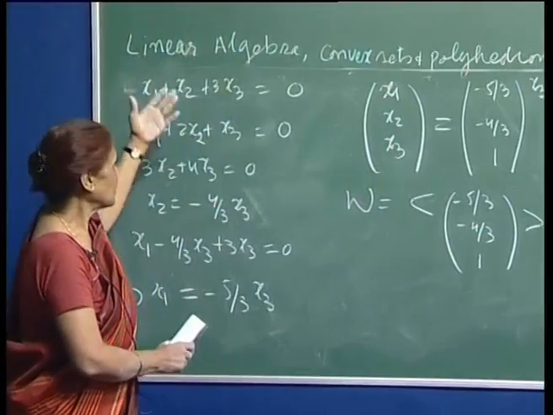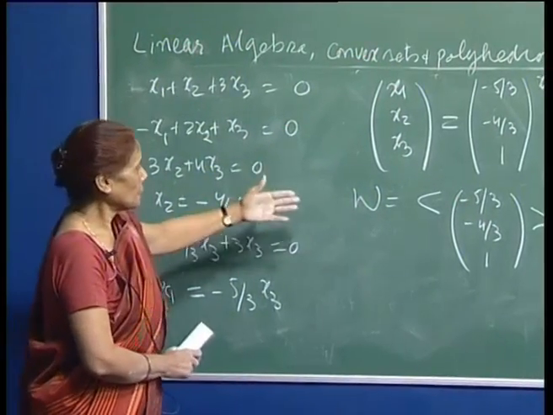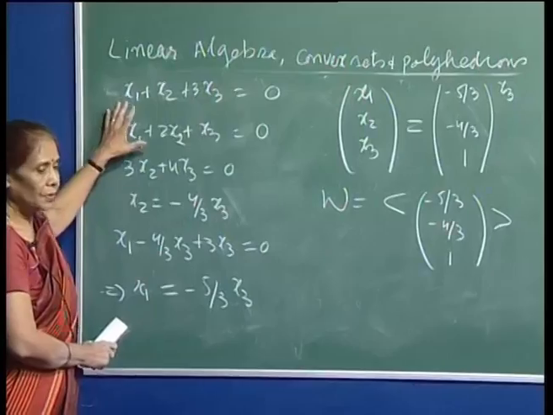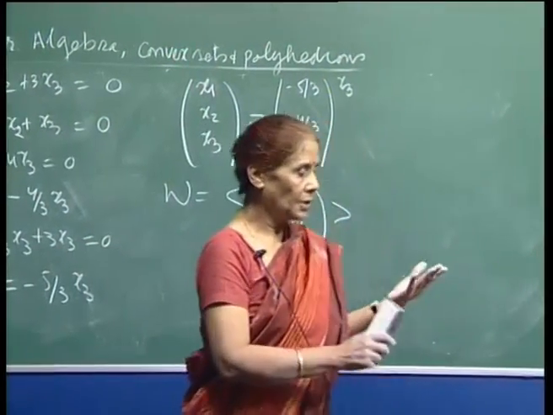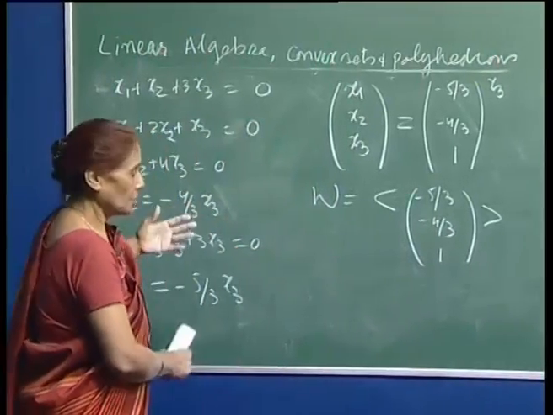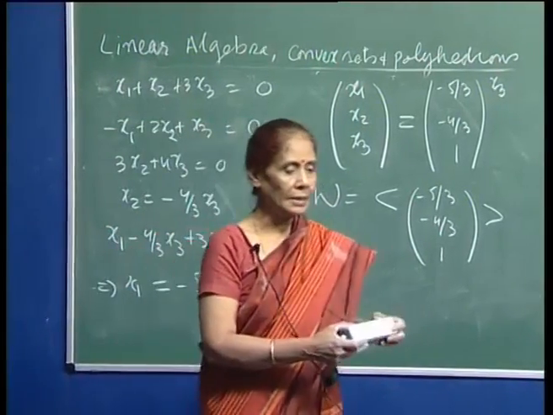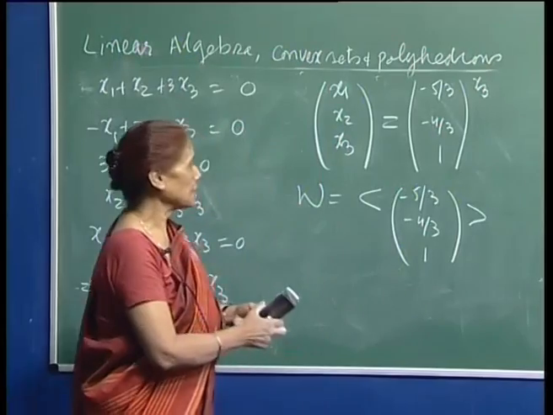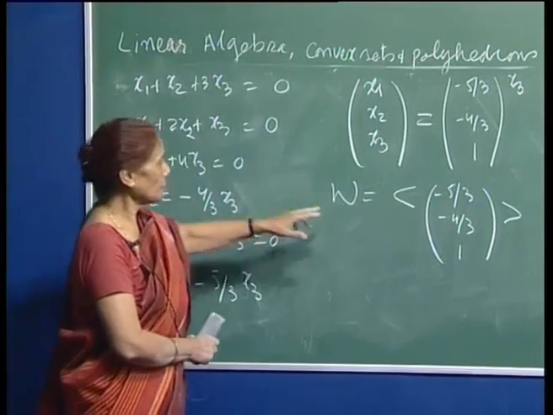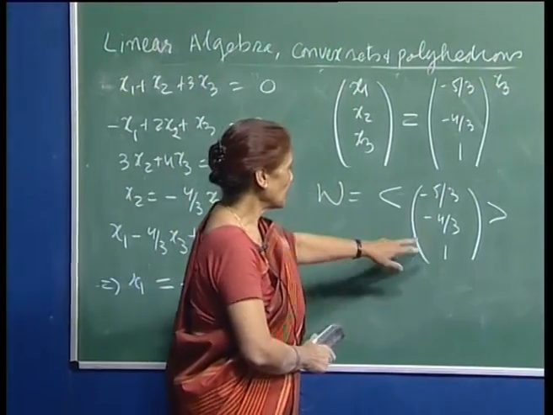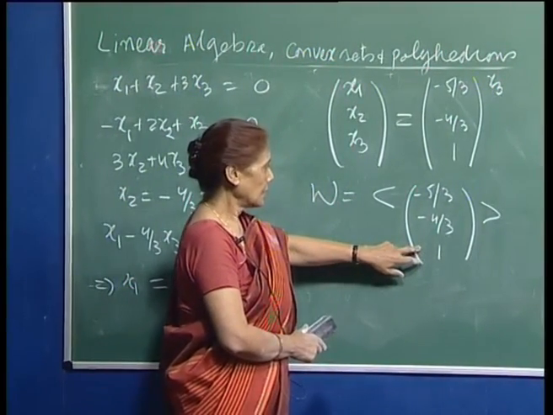So this is a subspace. Here I have shown you that if the number of linearly independent equations is m and you are talking in Rn, then the dimension of the solution space is n minus m. So in this case it is 1.